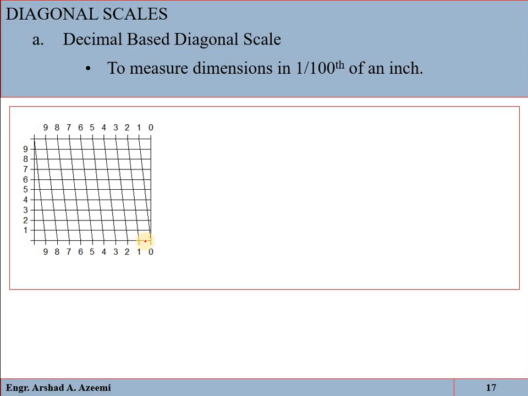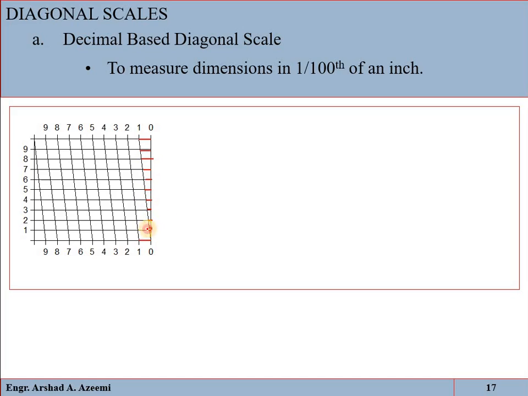So this one portion is 0.1 inch. Now you can see that this is also 0.1 inch. Now that is further divided into 10 parts. So this is 0.1 inch, this is 0.09, 0.08, 0.07, 0.06, 0.05, 0.04, 0.03, 0.02, 0.01.